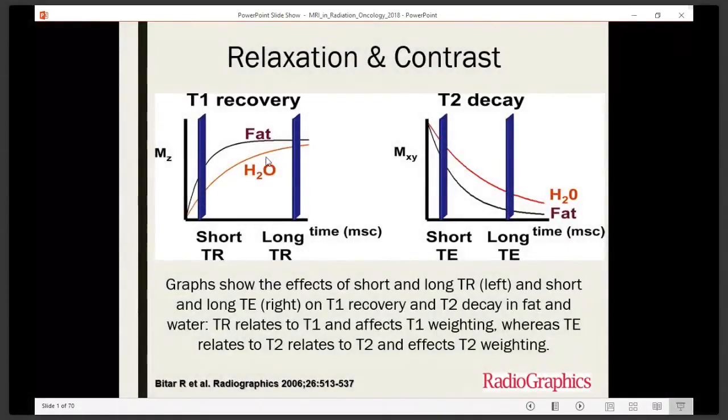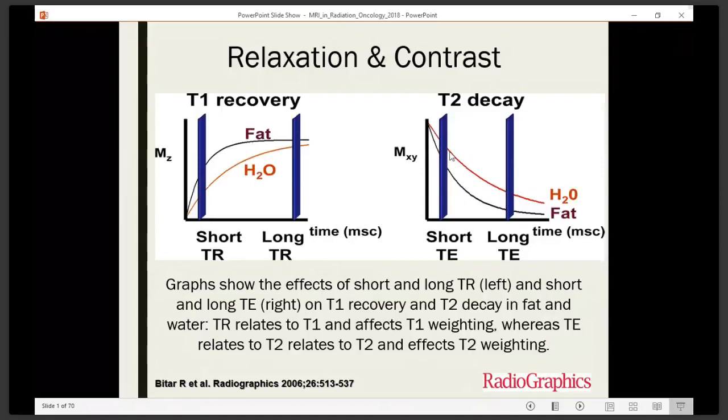T1 discriminates certain tissues from each other. The tissue type with the shortest T1 is fat, and it recovers very quickly, and you'll get a bright image even on short T1 scans, whereas the tissue with the longest T1 is water or cerebrospinal fluid, and then all the other tissues are somewhere in between.